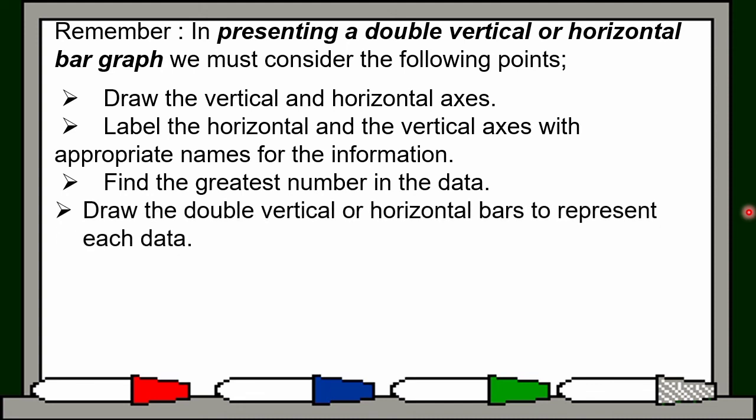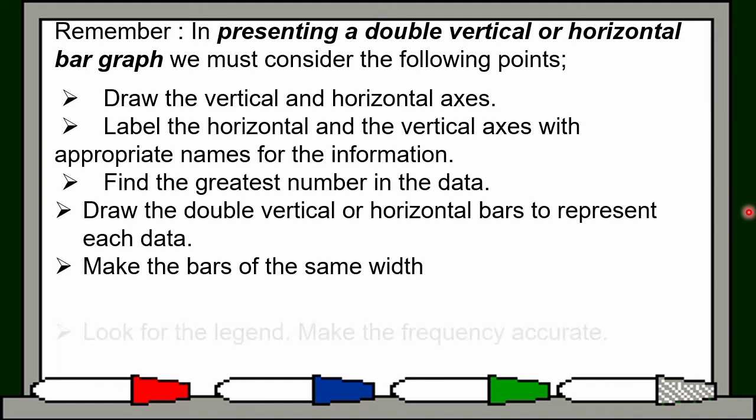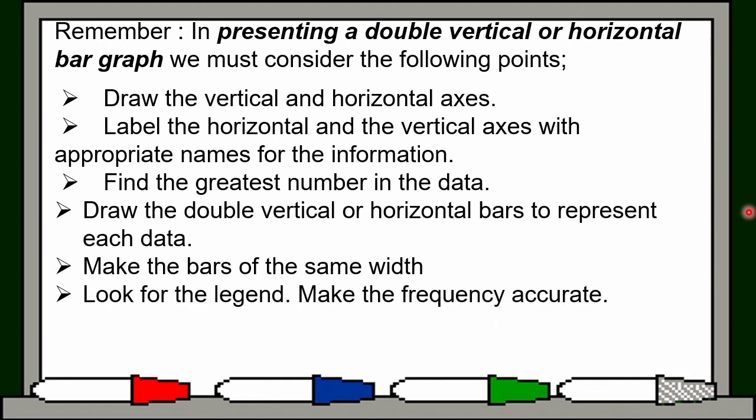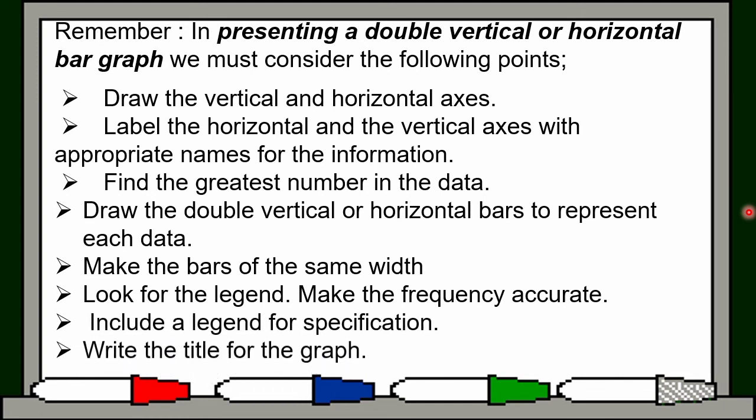Draw the double vertical or horizontal bars to represent each data. Next, make the bars of the same width. Next, look for the legend. Make the frequency accurate. And then include a legend for specification. The last one, write the title for the graph.